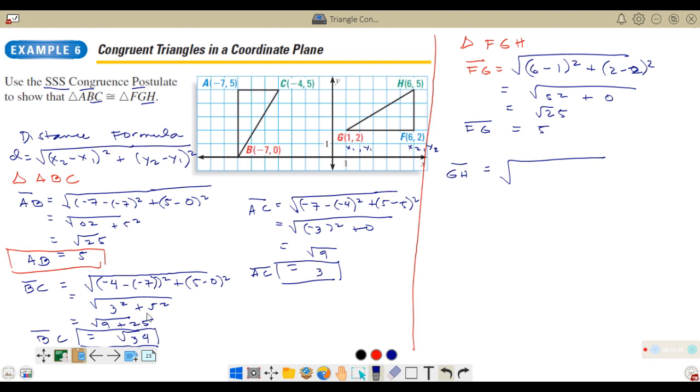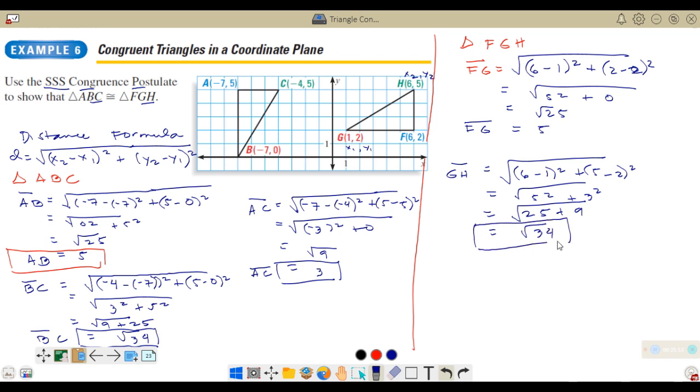Dapat ito ay equal dito. GH. So, ito yung gamitin nating x sub 2 this time. Okay? Burahin na muna natin to. 6 minus 1 squared plus 5 minus 2 squared. We have 5 squared plus 3 squared. Again, we have 25 plus 9, which is equal to the square root of 34. Ayan, bibingo na tayo, isa na lang.